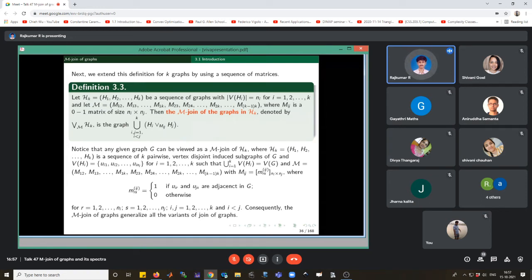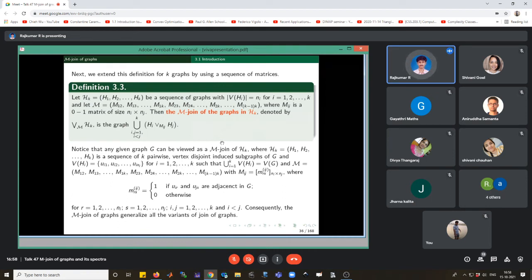Then for each pair of graphs, we introduce one matrix Mij. Now we join the graphs Hi and Hj with respect to this Mij matrix and take the union of all these graphs. Then we get the M-join of these graphs H1, H2, ..., Hk.